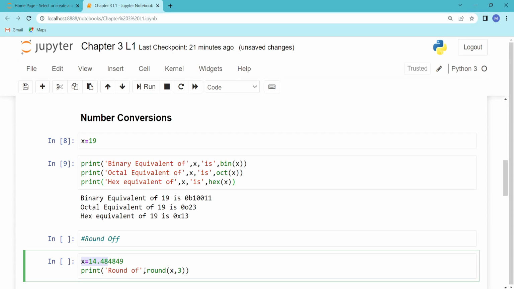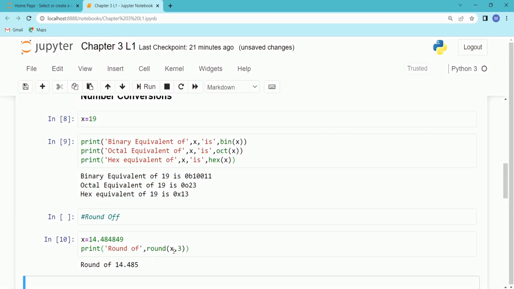Then we can use the round function: round of the variable comma the number of digits you want to round off to. Here I can give it 3, so I will get 14.485. If I take it to 2, I will get 14.48. It is rounded off again. And if you want 1 decimal point, 0.48 is nearer to 0.5. That's why we are getting 14.5.